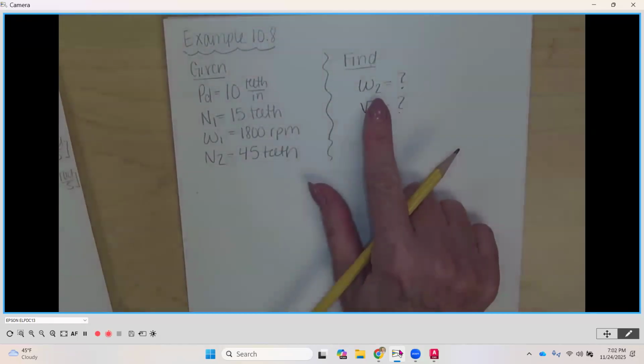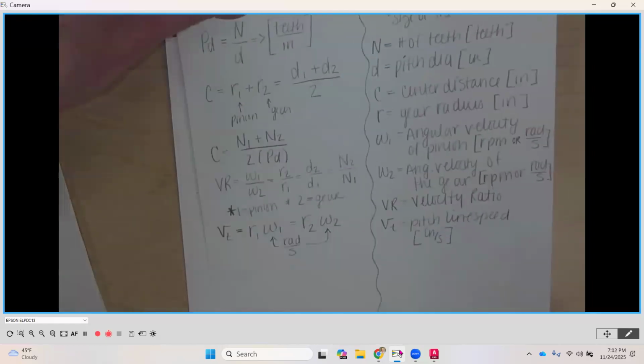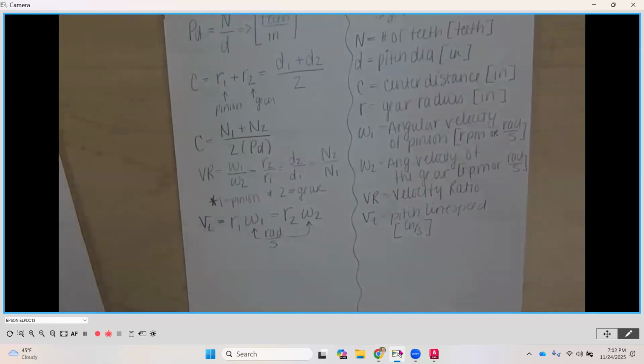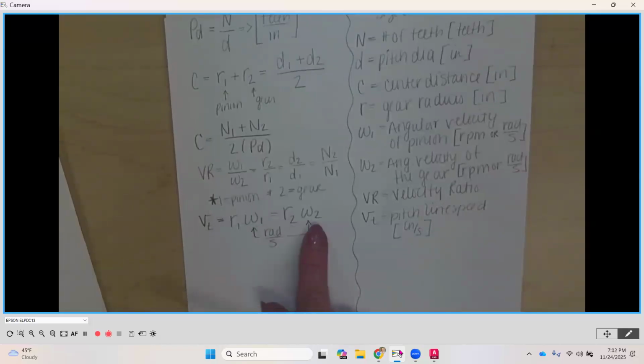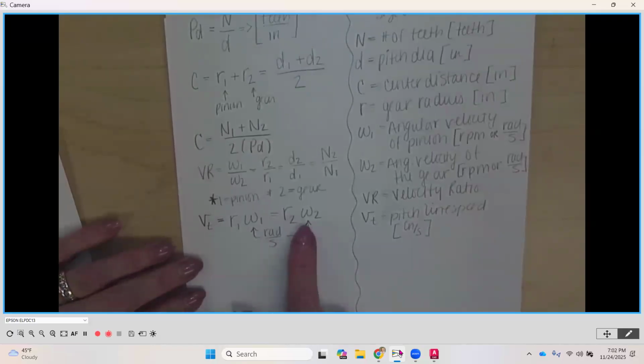For the speed of the gear, where do we see W2? We see W2 here in the velocity ratio, and also down here at the bottom, which is in terms of pitch line speed. So technically we need W2 or W1 before we get that.